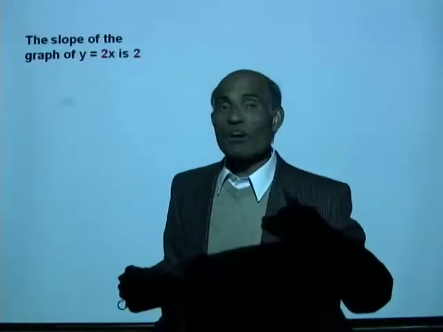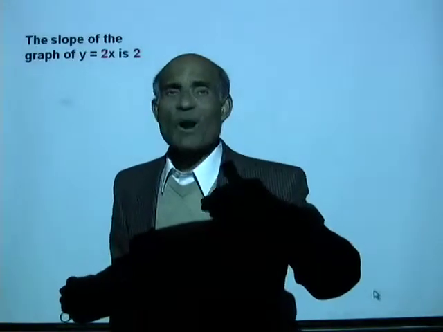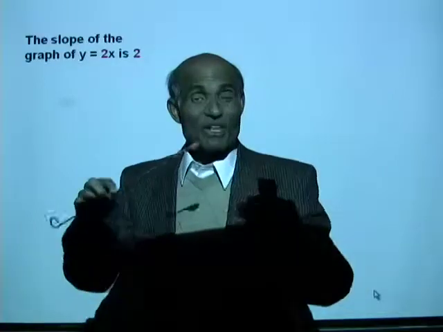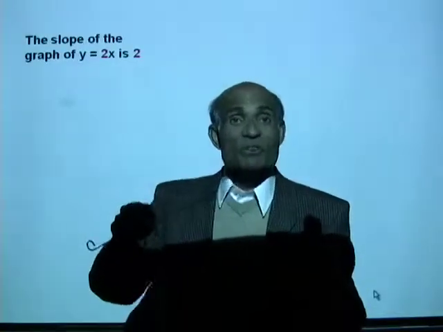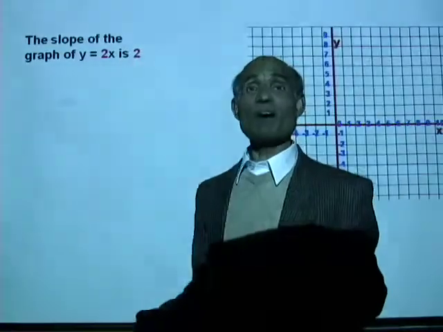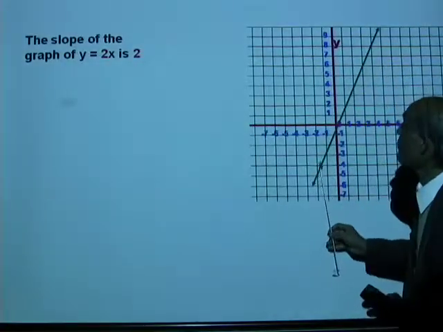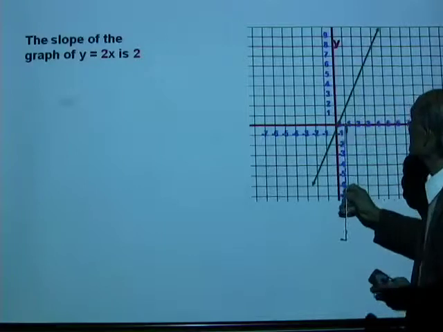What is the slope of the graph of the line y equal to 5x? It will be 5. Each time x changes by 1 unit, y will change by 5 units. So here we have the graph of y equal to 2x. Look at this.